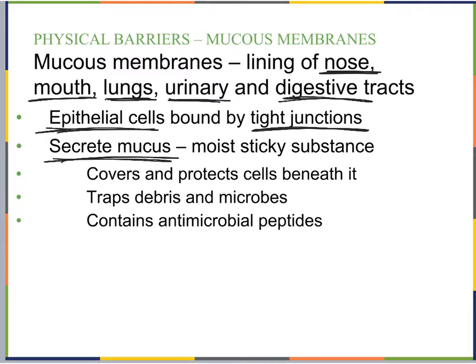So mucus is a moist, sticky substance. The cells in the mucous membrane are going to produce this moist, sticky substance. The reason for that is because it's going to, one, cover and protect the cells of the mucous membrane.